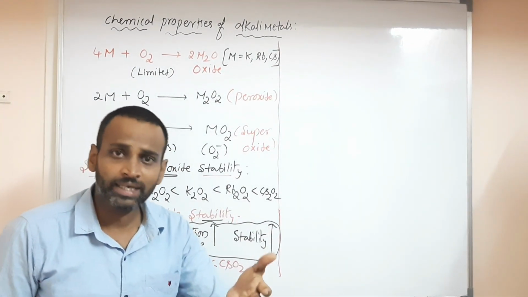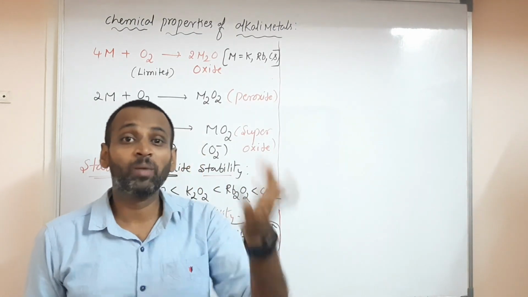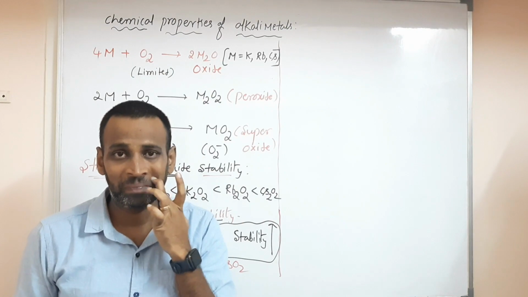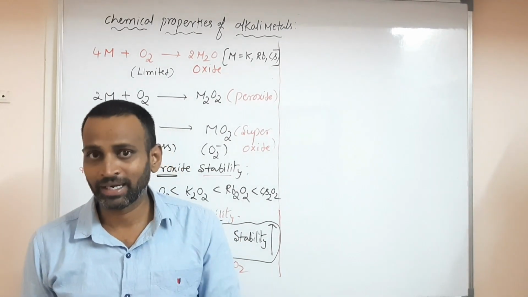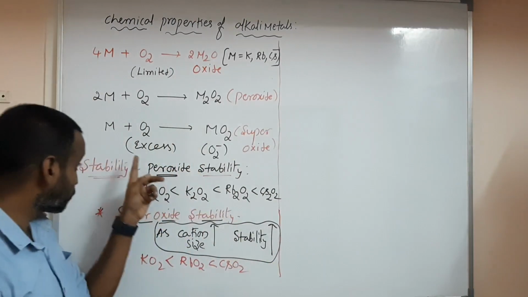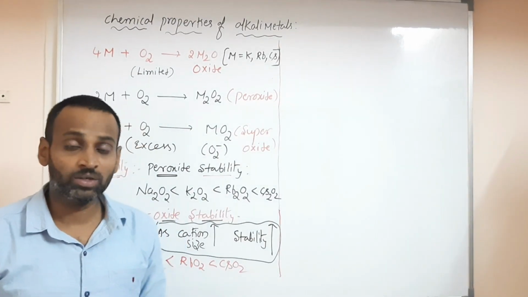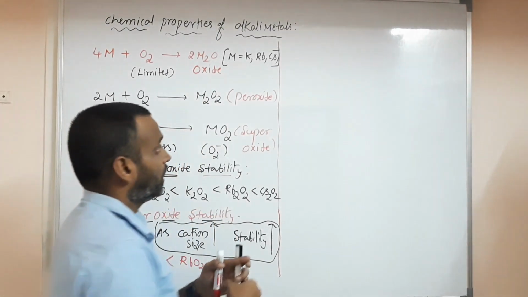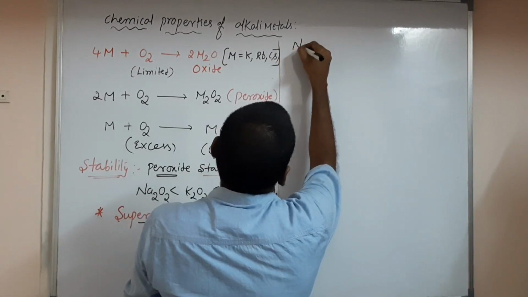These are diamagnetic. But O2 minus is paramagnetic because it has an unpaired electron. So we have to discuss the nature of oxides now.